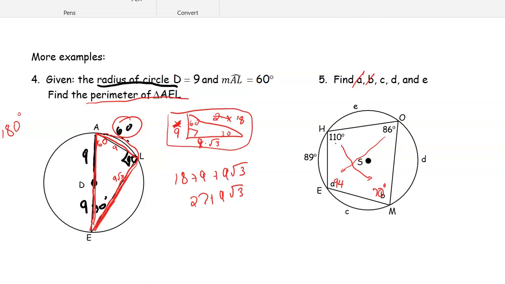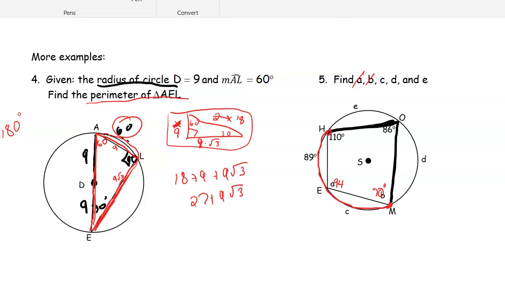All right, so let me create some space. So let's write these in. Let me get rid of the drawings at least, as I start drawing in some more lines and such. So let's look at what arc C would be. If I draw this angle here, notice what arc is created between those two.